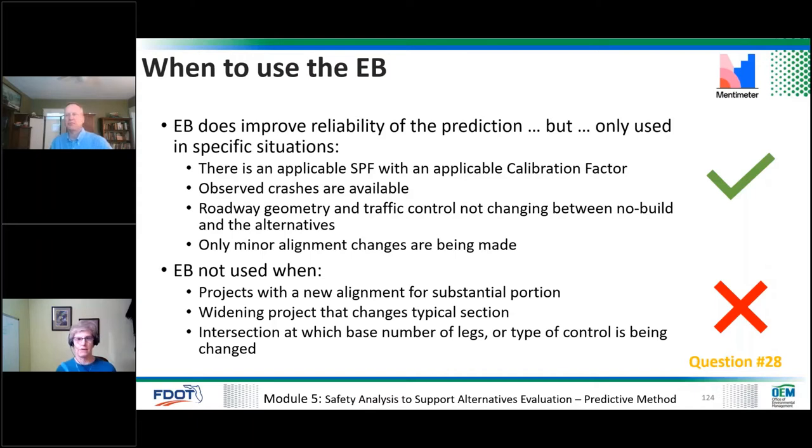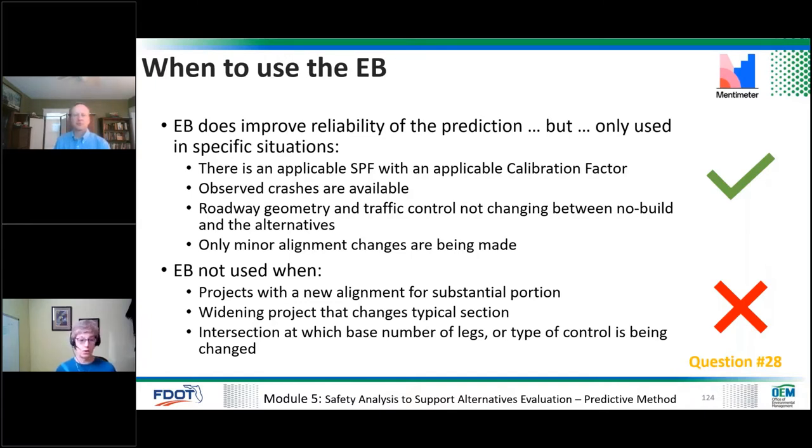And the alignment isn't changing much, because again, you're relying on observed crashes as part of your weighting. And if the system's changing a whole lot, you wouldn't expect observed crashes to stay the same. So the empirical Bayes method can't be used or shouldn't be used if there's a substantial change in the system, or if you don't have a calibration factor.